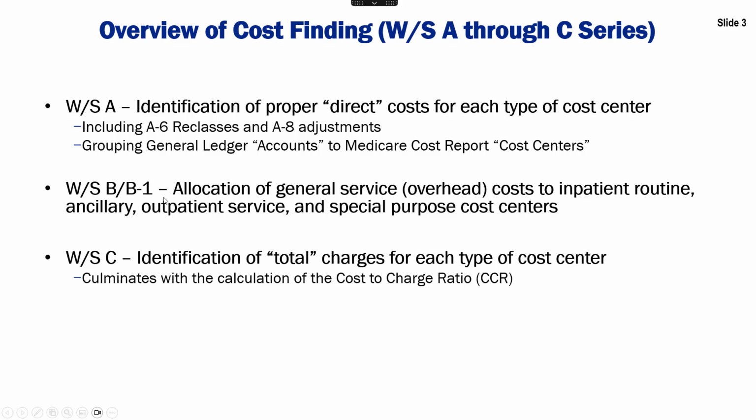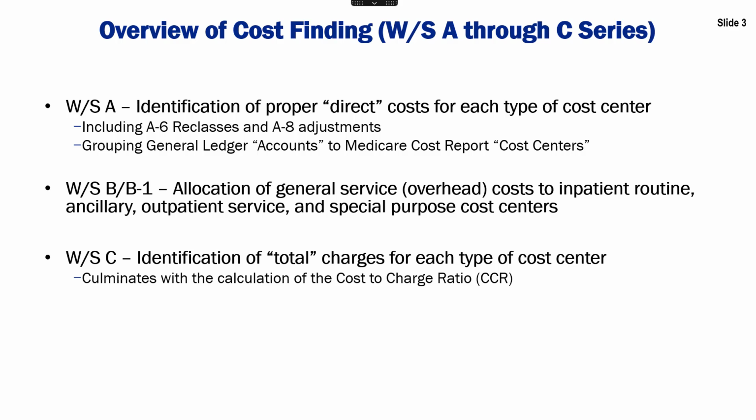And that is the reason we needed the costs in the revenue-producing cost centers as well, because what we're going to do on Worksheet C for all the cost centers except for the routine, and we'll see why in a bit, we're going to identify a cost to charge ratio. It's total cost divided by total charges, to identify what percentage of every charge dollar really relates to underlying cost.